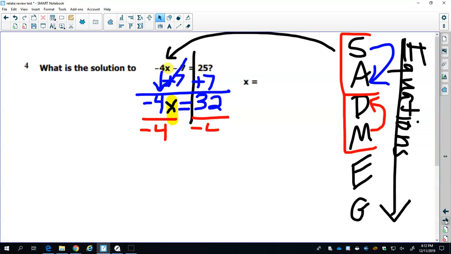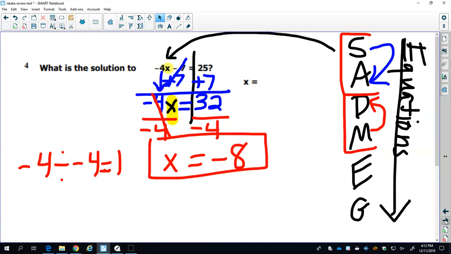Dividing both sides by negative 4. Because negative 4, think about it, negative 4 divided by negative 4 is 1. And that's what we want. We want 1x. So this cancels out, and we have x. And then we're going to have 32 divided by negative 4. And 32 divided by negative 4 is negative 8.